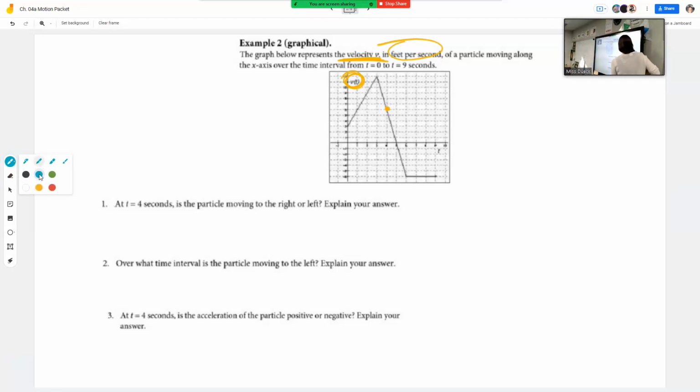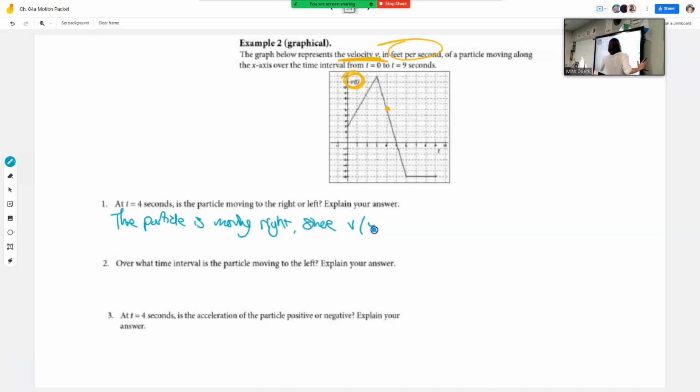How am I going to say, at T equals 4, the particle is moving right, since V of 4... You might have thought it was moving left because you see the graph decreasing, but the graph is the velocity, and the velocity decreasing is acceleration. Oh, no. What is the velocity at 4? It's greater than 0.